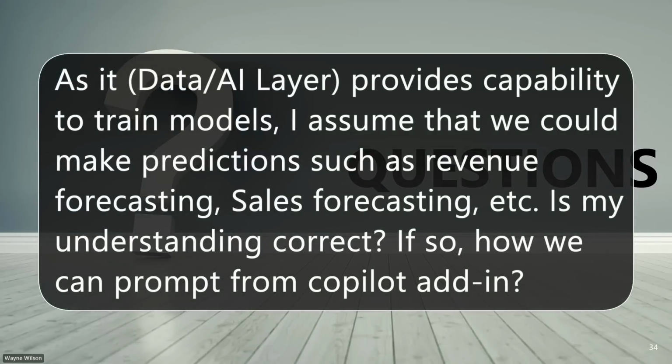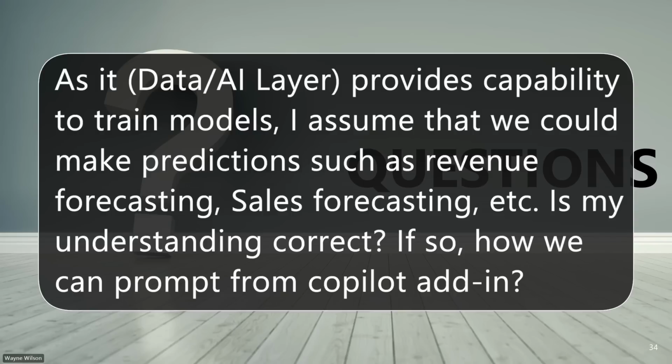As its data AI layer provides capability to train models, I assume that we could make predictions such as revenue forecasting, sales forecasting. Is my understanding correct? If so, how can we prompt from the Copilot add-in, any documentation? I think just to clarify, from that diagram, we do not imply that any training is done. We consume the models.